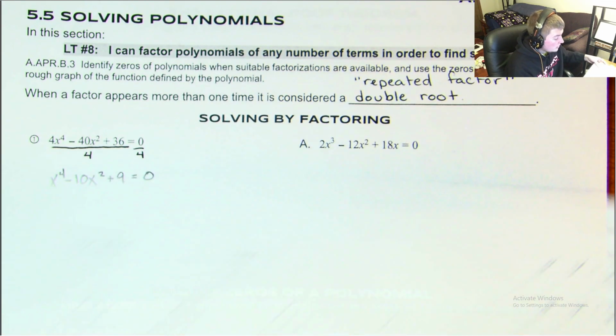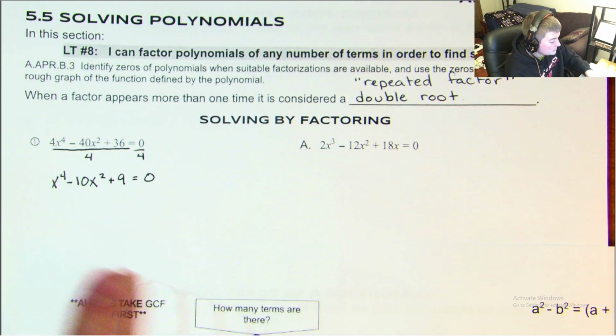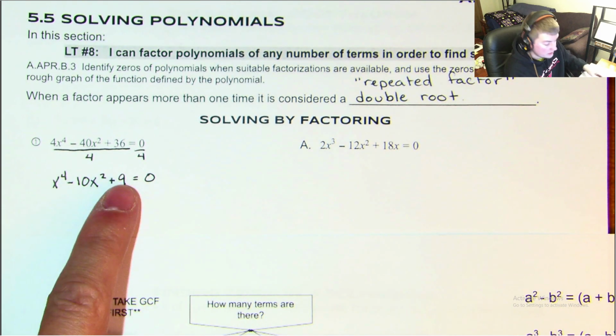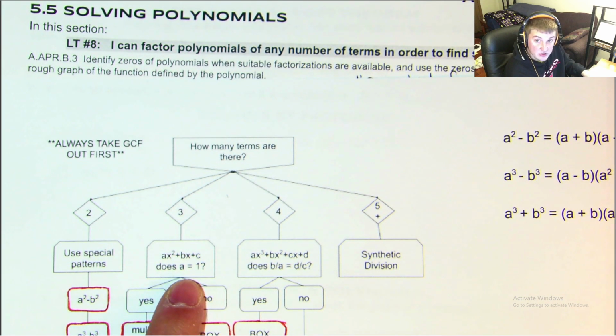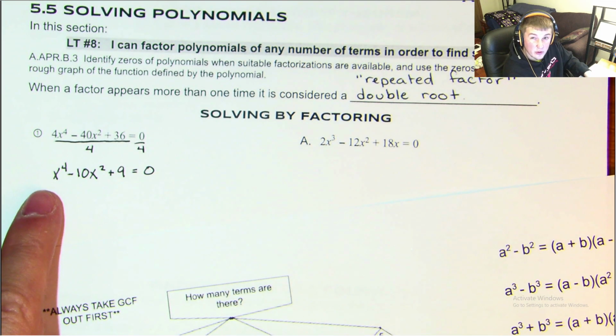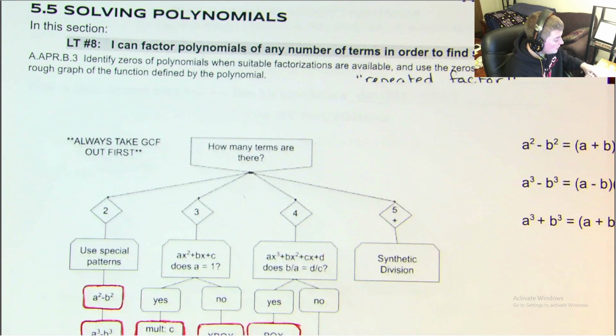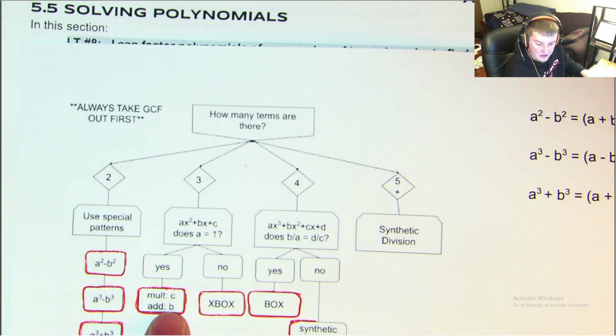So we've taken out the greatest common factor. Now we're going to ask how many terms are there. Okay, looks like we have 1, 2, 3 terms. Okay, so we have 3 terms. Does my a value equal 1 is the question I need to answer. Okay, if I look at this, it is just x to the 4th. So yes, my a value does equal 1. So we're just looking for numbers that multiply to the c value and add to the b value.